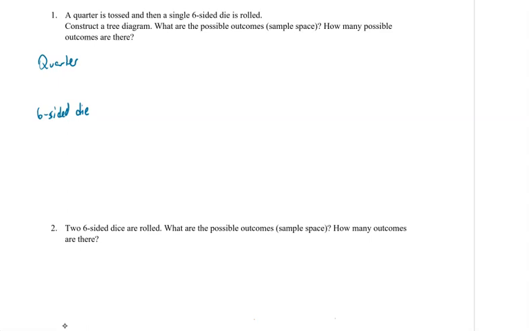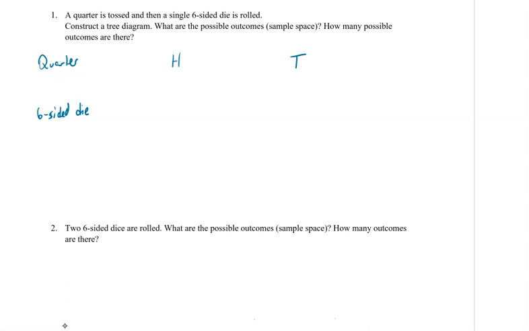So for the quarter, what are all the different possibilities? Well, it could be heads or tails. For the six-sided die, it could be the numbers 1 through 6.